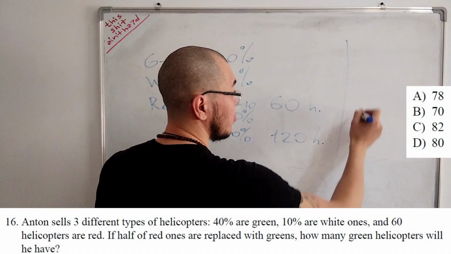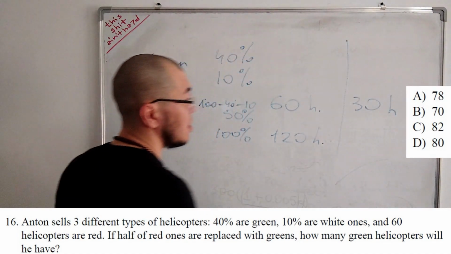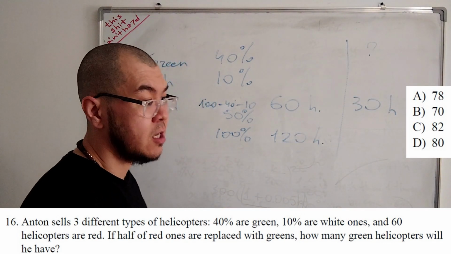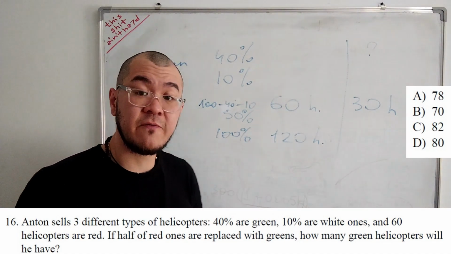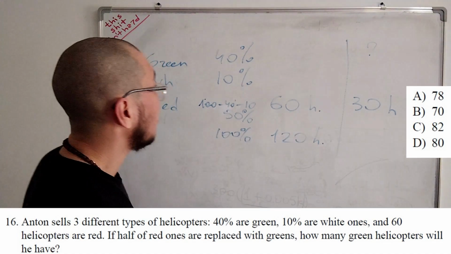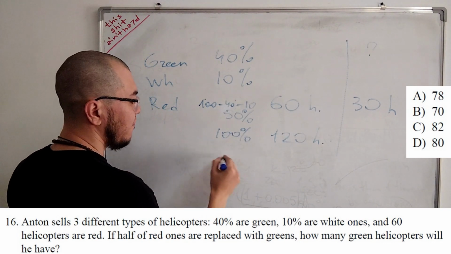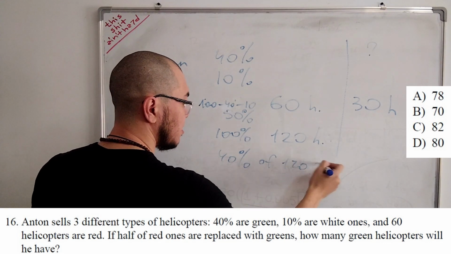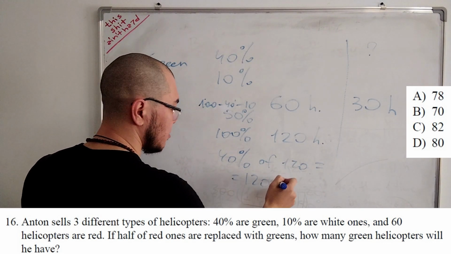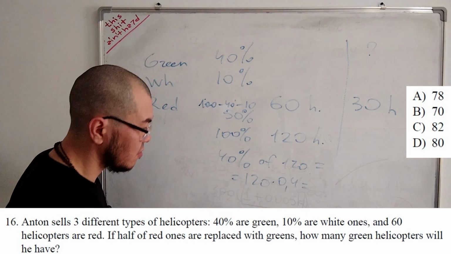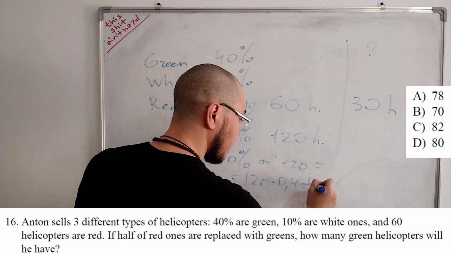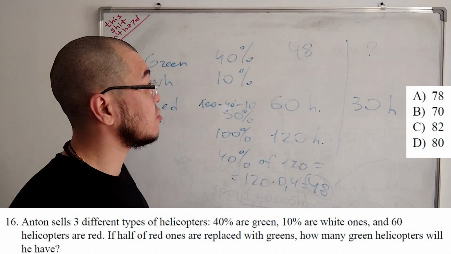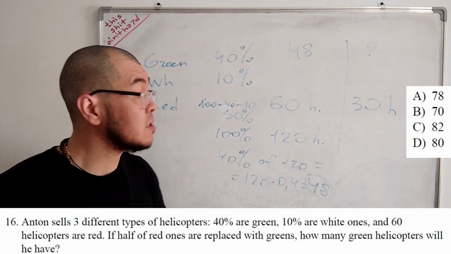So the next step, we have 30 helicopters right here, and we have to find out how many green helicopters Anton will have after replacement. 40% of 120 is equal to 120 times 0.4, which is equal to 48 helicopters. Green helicopters Anton had before replacement.